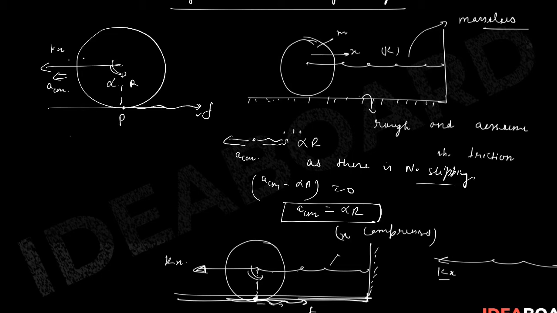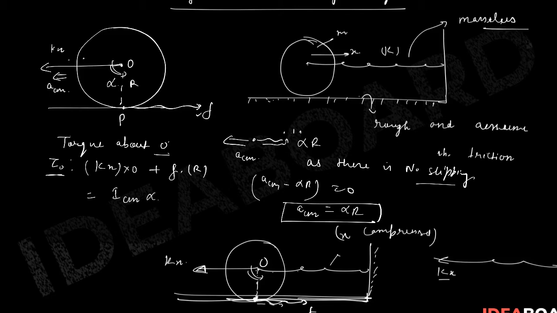Now we know that for rotational mechanics we need to have an equation for torque. So this is the point O, so we can write the torque about O. So torque about point O I am writing. So of course this kx will not have any torque because it is just passing through this point O itself. So that means this is having 0 torque, and of course this friction force will be having some torque, so F into R, and we know that in rotation this will be ICM into alpha because I am writing about center of mass.